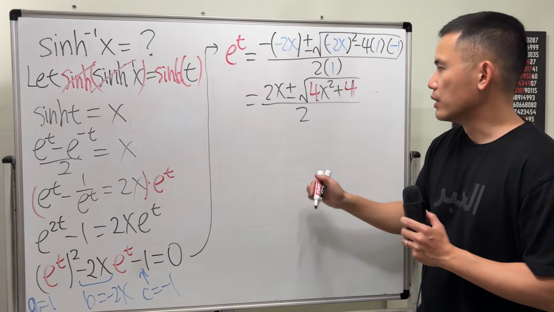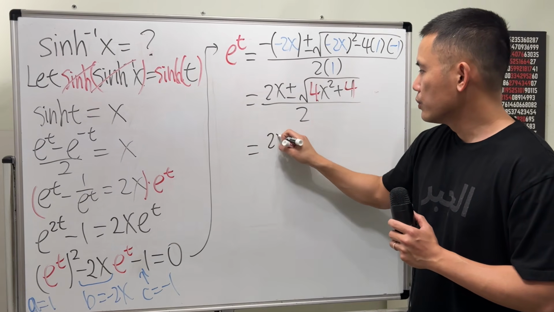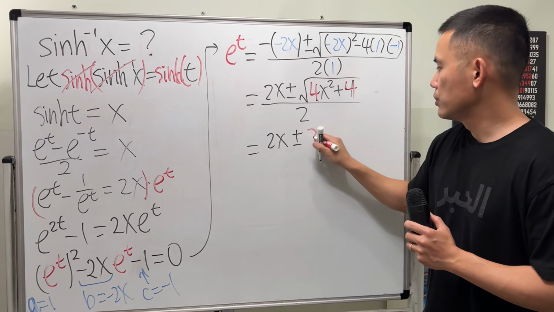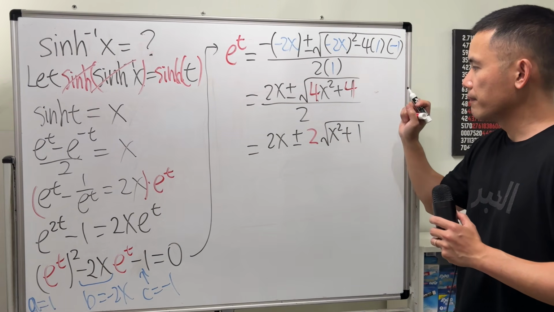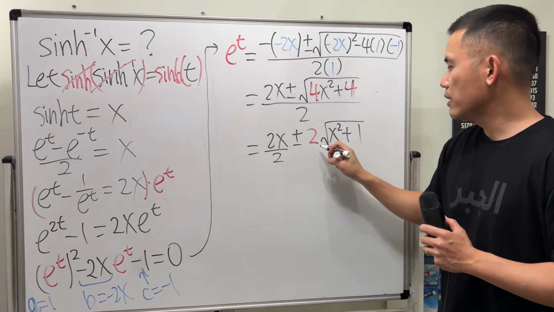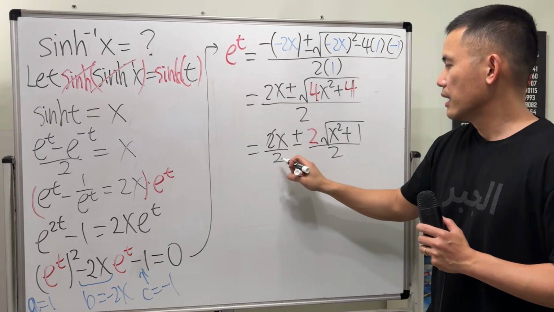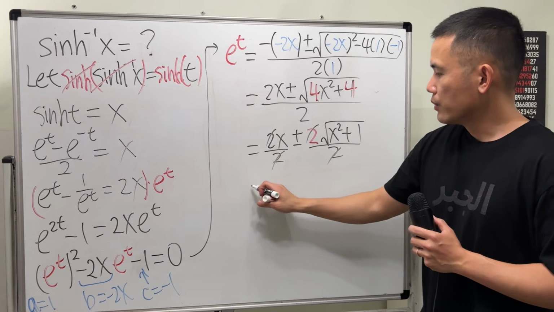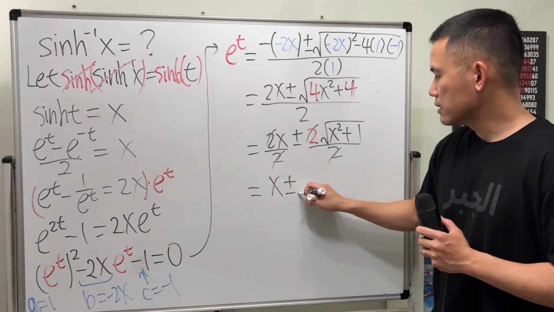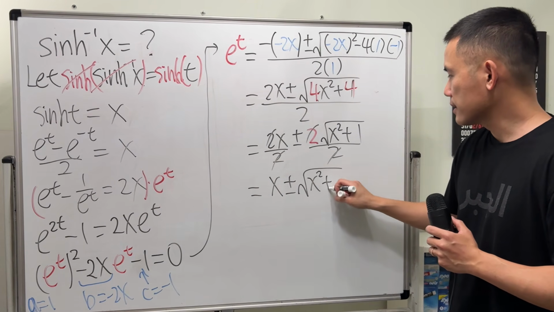Square root of 4 is 2, so we'll just write 2x plus or minus 2 square root of x squared plus 1, over 2. Let me put it here and let me put it here so that I can cancel them very nicely like this. So we get x plus or minus square root of x squared plus 1.